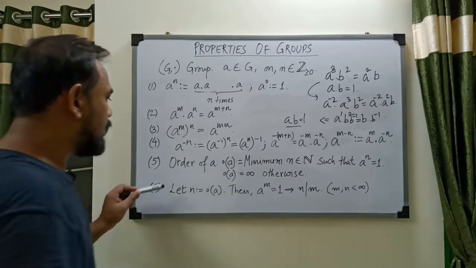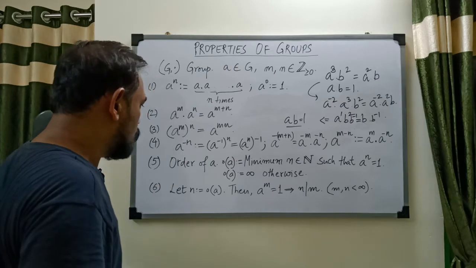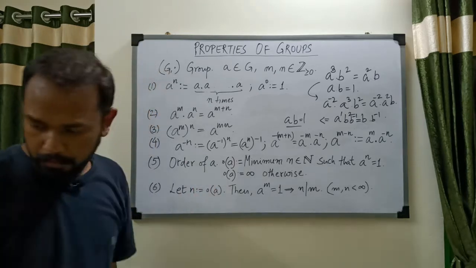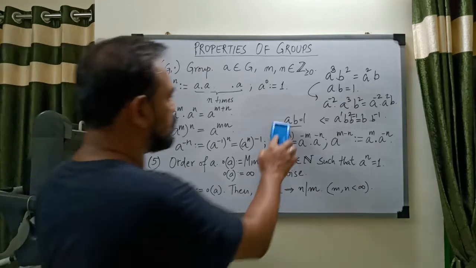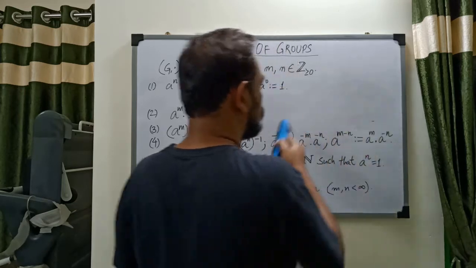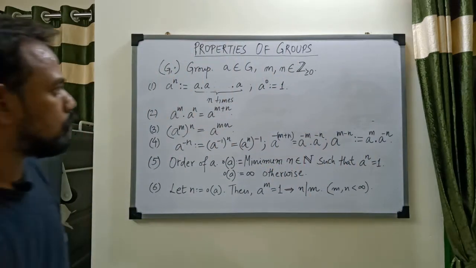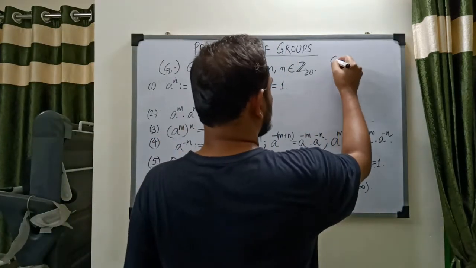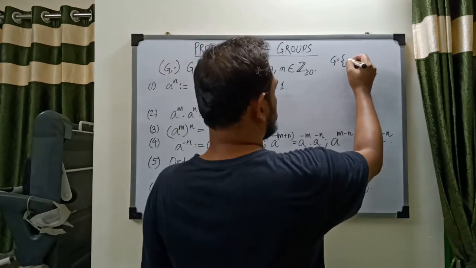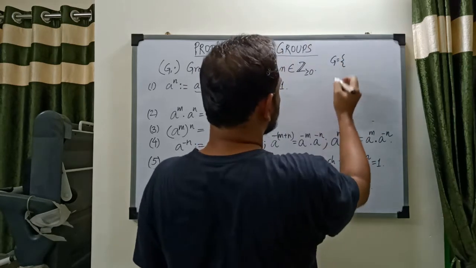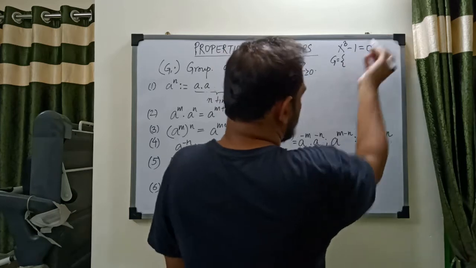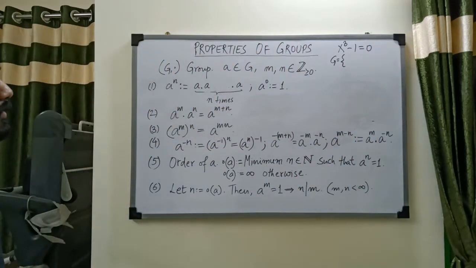Now, we define something more. We define what is called an order of an element, okay? If you remember, one of the examples we did when we were doing examples of groups was this group g, which was basically the roots of this equation, x cubed minus 1 is equal to 0.